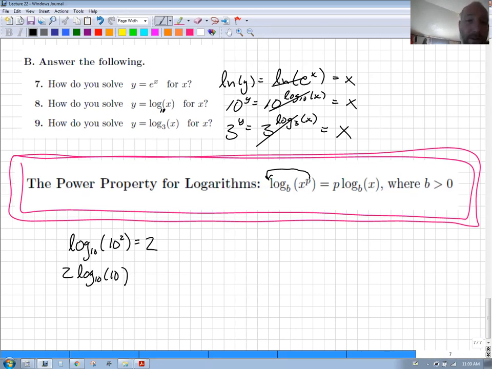So if we just took the 2 and put it out front, all right, what would this be equal? Well, 10 is the same as 10 to the first power. So this log is 1 because our exponent is 1. So we have 2 times 1, which is still 2. Okay? So just an example to show that they are equal.